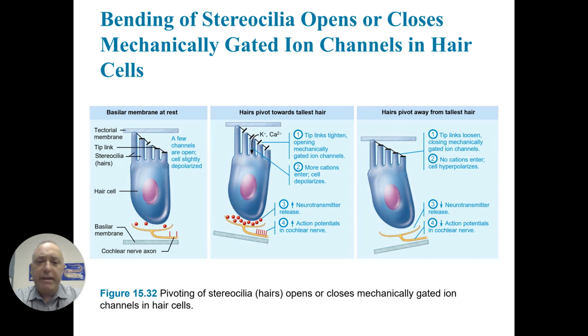Now, bending the stereocilia opens or closes the mechanically gated ion channels in the hair cells. So with the basilar membrane at rest, we have very little activation of this cochlear nerve, maybe a few action potentials, but as the hairs pivot towards the tallest hair, you get mechanically gated opening of these ion channels, more ions flow, more neurotransmitters are released, and you have increased action potentials in the cochlear nerve.